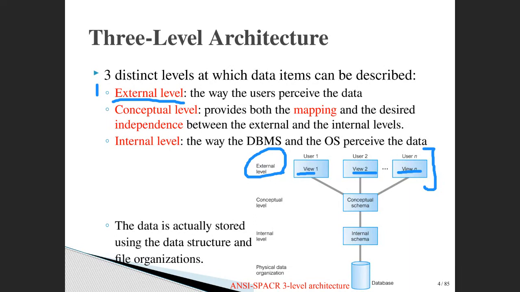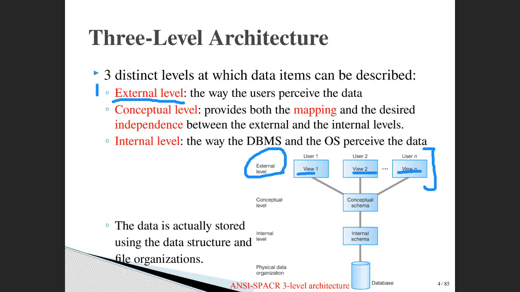User N will have view N. For example, in the University of Bahrain system, I am user number 1, or faculty members are user number 1, and we will have view number 1, which is not shared with user number 2. For example, let's assume that students are user number 2.